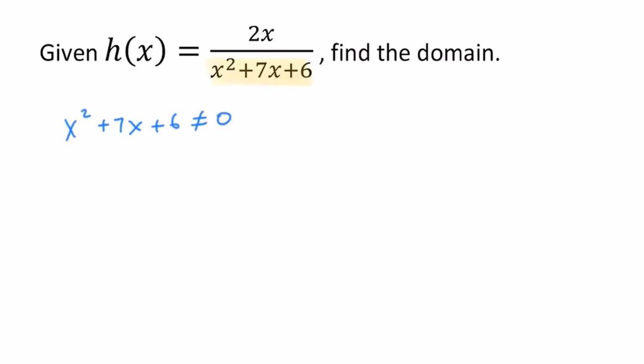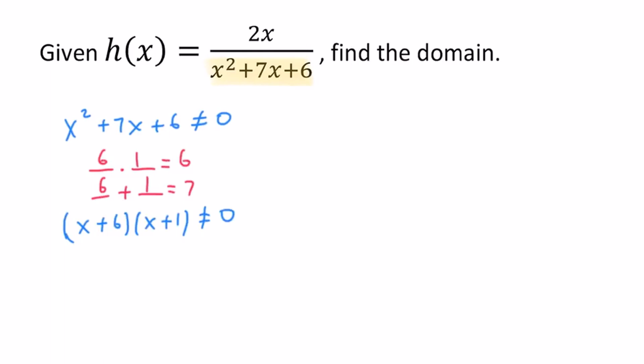Here we have three terms: x squared, x, no x. The number in front of x squared is 1. So we need two numbers that multiply to give us 6 and add to give us 7. So here we have 6 and 1. So we have x plus 6 times x plus 1 cannot equal 0.